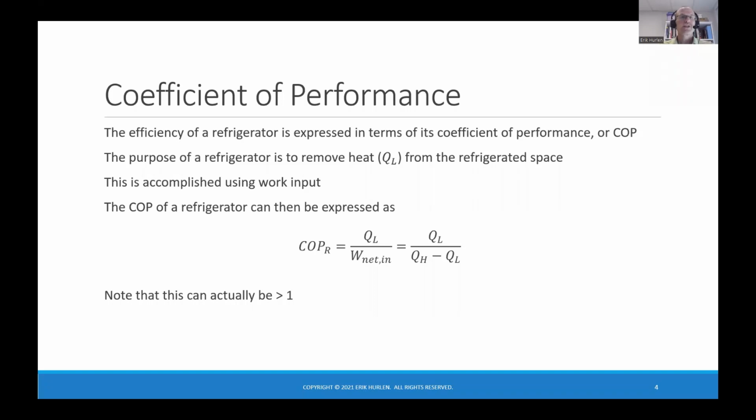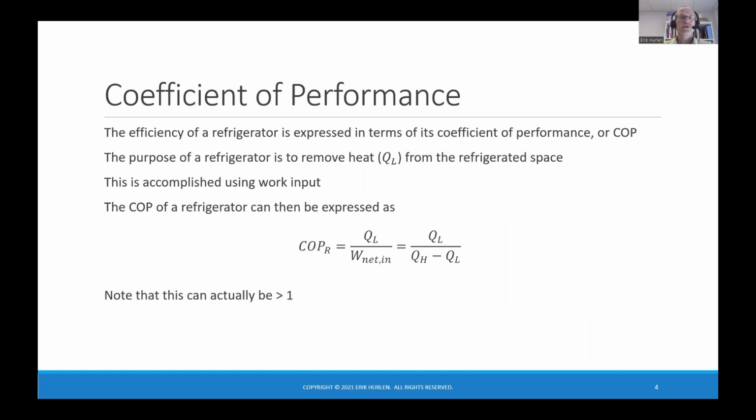Because of the somewhat strange effect of this cycle cooling part of the surroundings, the standard measure of efficiency doesn't entirely make sense. Instead, we use something called the coefficient of performance. What we are trying to achieve is cooling of the refrigerated space. This is done by adding work to the condenser.